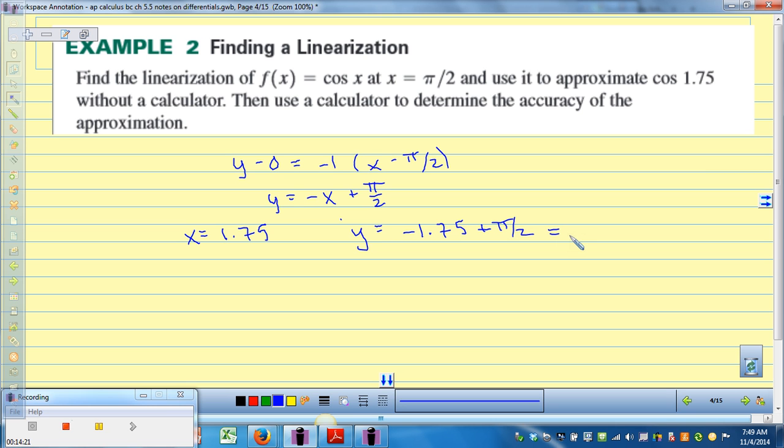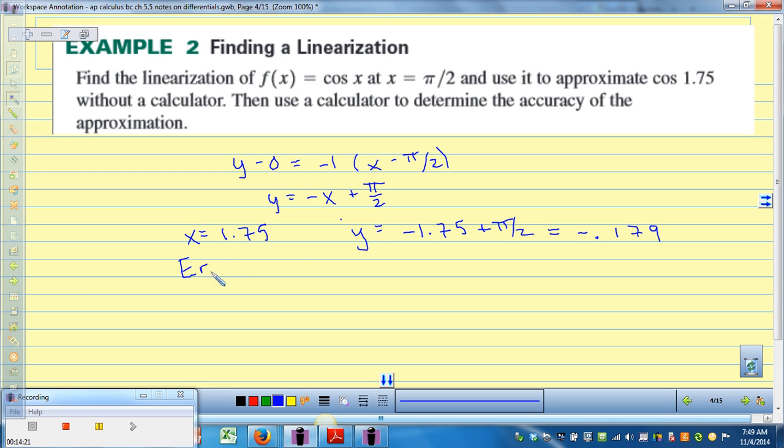And we get, I don't know what, negative point... give me 3 decimal places. 179, is that what you said? Sorry, I thought I just heard 79, but 179. Negative 0.179. And then use your calculator to find the error, to determine the accuracy.